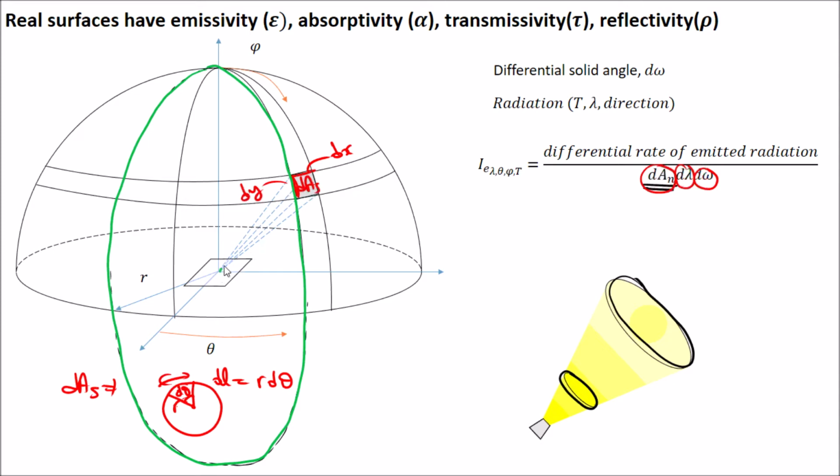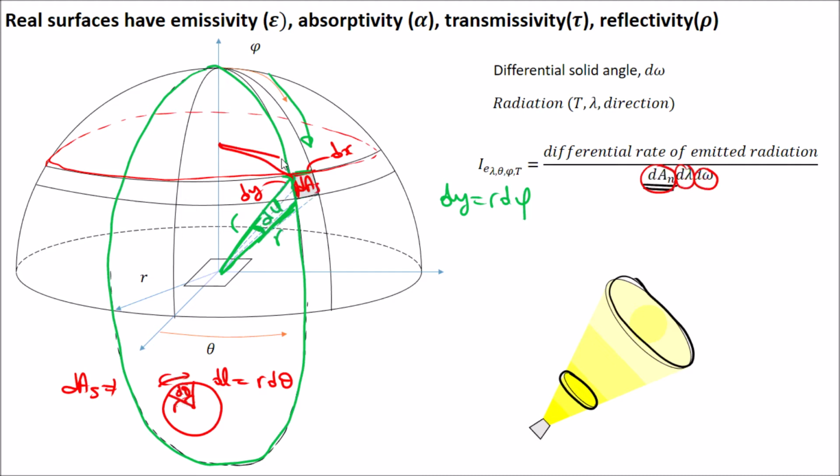This circle has a radius of r, which is the same radius as the sphere. Again, we are taking a small element here, and the small angle over here is the phi angle, which is d phi, because phi goes in that direction. Therefore dy becomes r d phi. Now comes dx. For dx also I will take the circle here, and the distance for that dx will be this part, but this distance is not the radius.